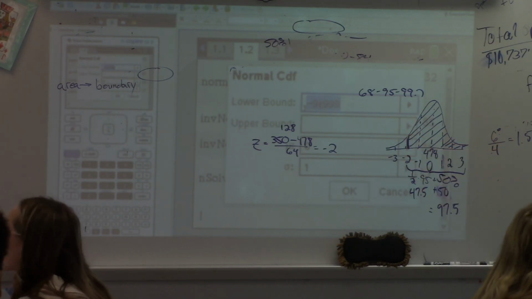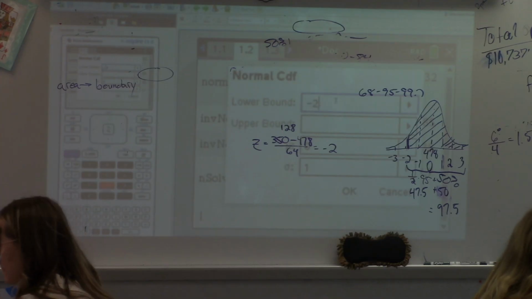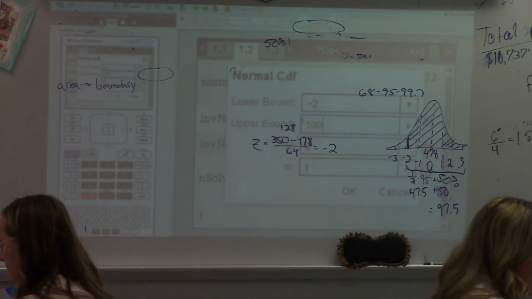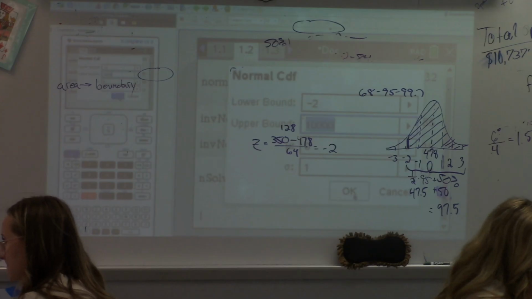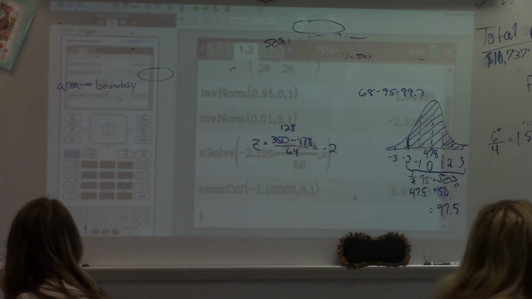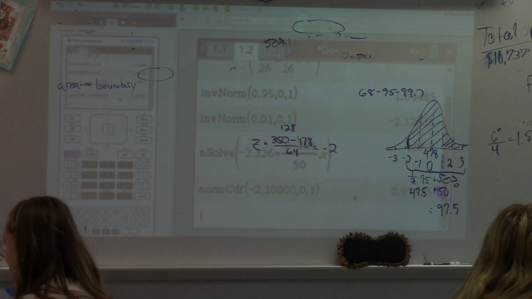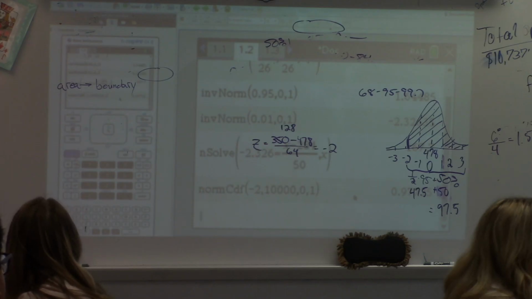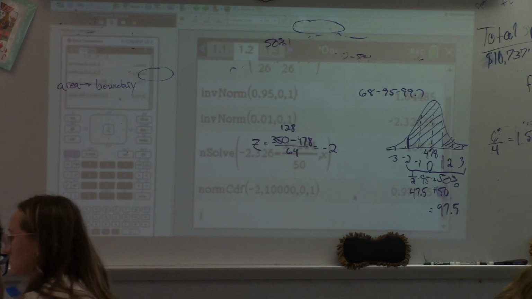Negative 2. Be careful because it needs to be 2 below. Upper bound: does it technically ever stop going to the right? No. That number looks familiar. Drawing that normal distribution out can make your life easier. Please take advantage of that.